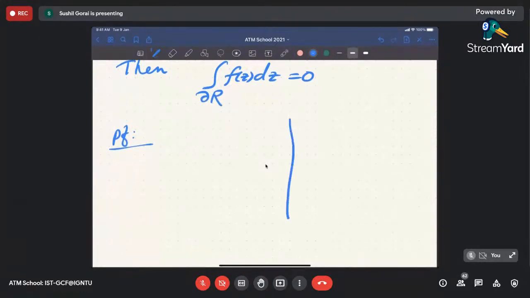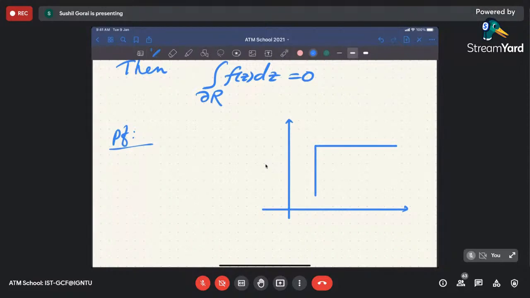The rectangular region I will consider as before. Suppose zeta is this point, and you have to divide. So look at a small square first, a small square around the point zeta.